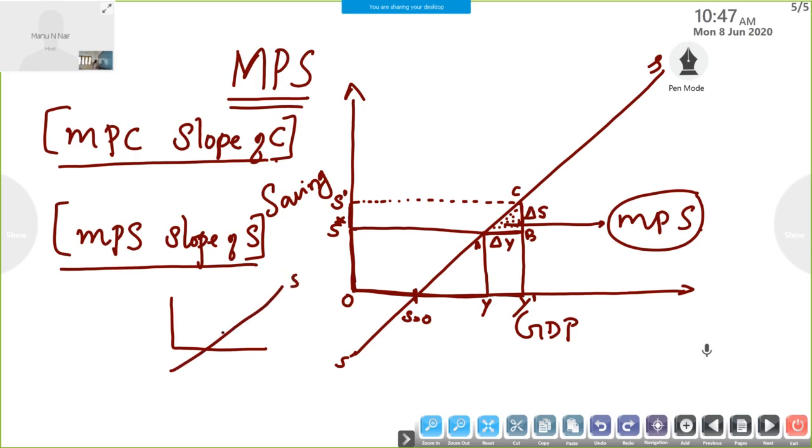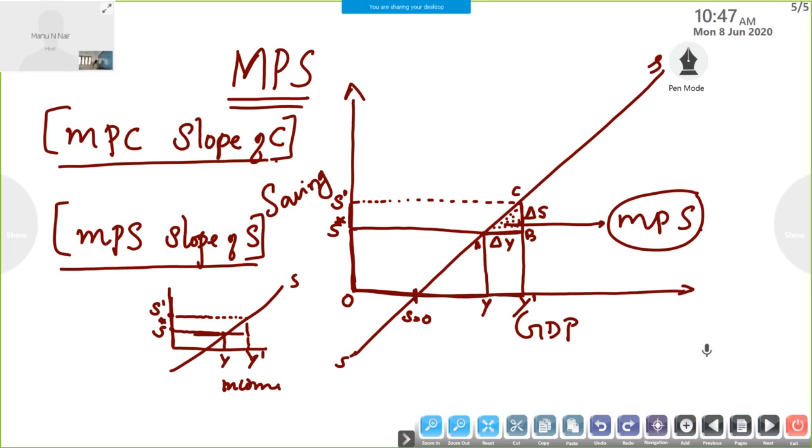Then initial level of income we need. Here level of income, initial level of income, that extended to saving part, that is initial level of saving. Then a new level of income, that is Y dash. From there, new level of saving, that is S dash.